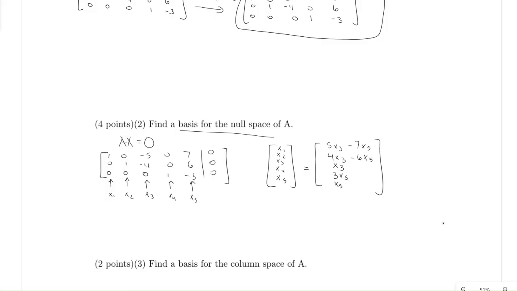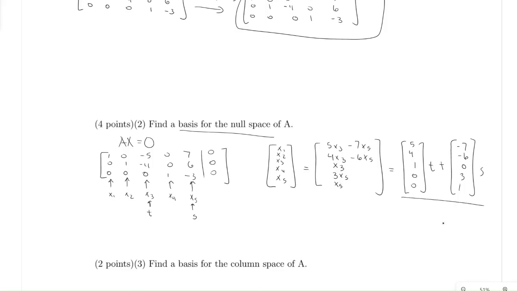Then we can split this into the respective x3 and x5 vectors, and I'm going to parameterize. I'll call this variable parameterized by t, and this one parameterized by s. Replacing the x3s with t and the x5s with s, we get 5, 4, 1, 0, 0 times t plus -7, -6, 0, 3, 1 times s.